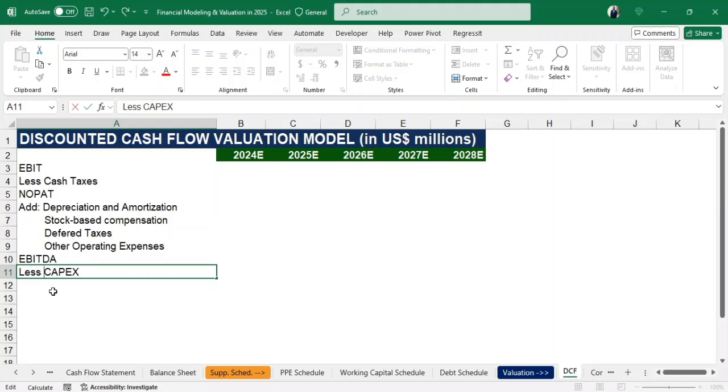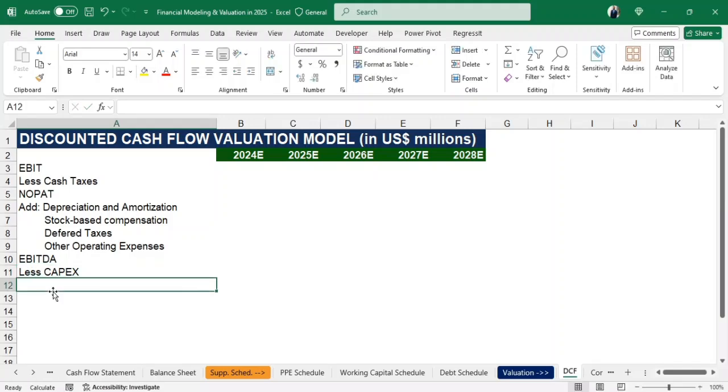These are assets we have bought for the business, and the money we have used to purchase these assets needs to be taken out from this cash available. Remember, we are calculating the cash that is available to be paid to both equity and debt holders in the business, right? So that is that.